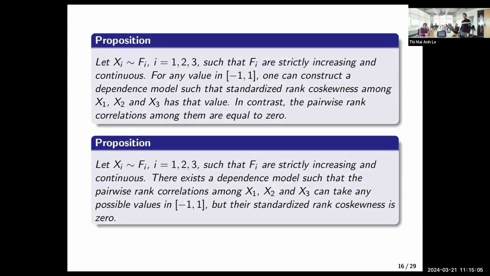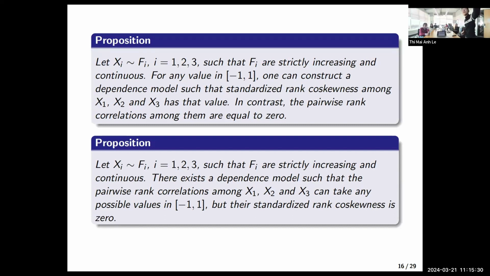Similarly, we also prove two propositions in this section. First, for any value in [-1, 1], one can construct a dependence model such that the standardized rank coskewness among X1, X2, and X3 has that value. In contrast, the pairwise rank correlations among them are equal to 0.